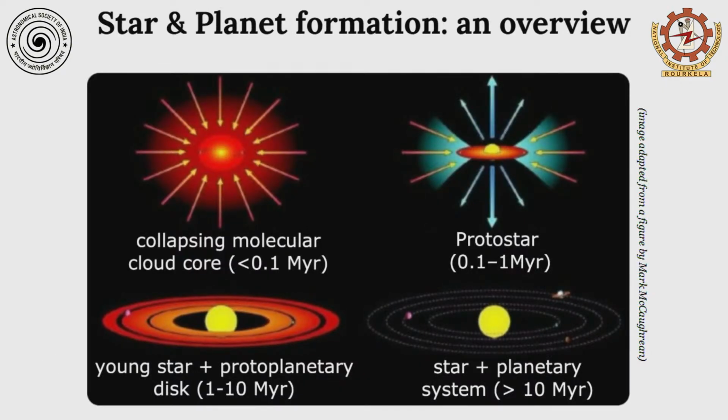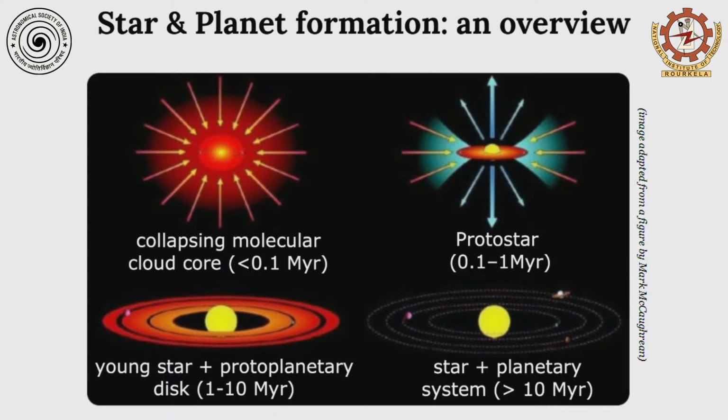This is a cartoon which tries to capture our current understanding of how star and planetary systems form, the various evolutionary stages. In the current paradigm, star formation begins with the gravitational collapse of a slowly rotating dense core, resulting in the formation of a central protostar, a disk surrounding it, and an overlying envelope from which the material is falling onto the disk.